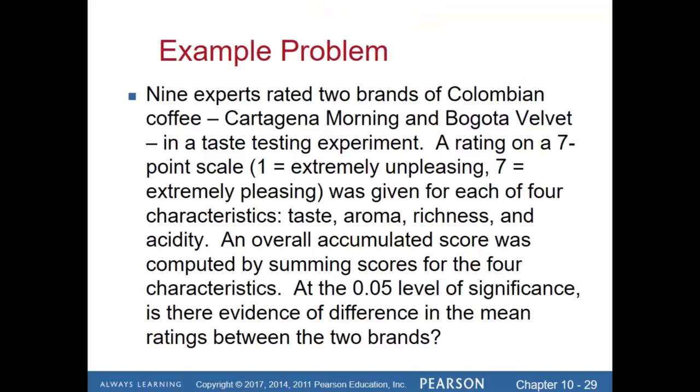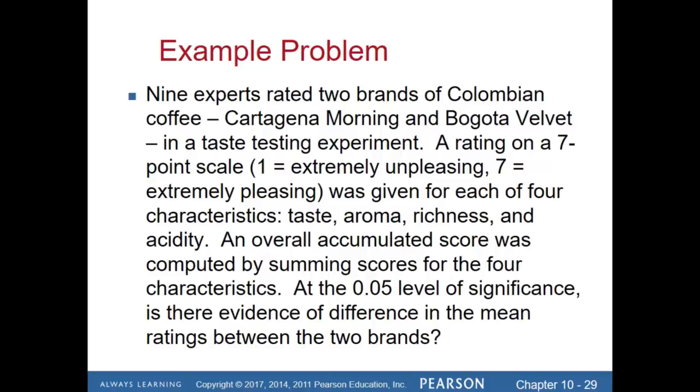All right, so let's take a look at an example. 9 experts rated 2 brands of coffee. We have Cartagena Morning and Bogota Velvet coffee in a taste testing experiment. They rated the 2 different coffees on 7-point scales from extremely unpleasing to extremely pleasing on 4 different characteristics: taste, aroma, richness, and acidity.